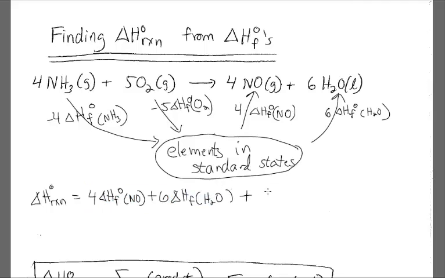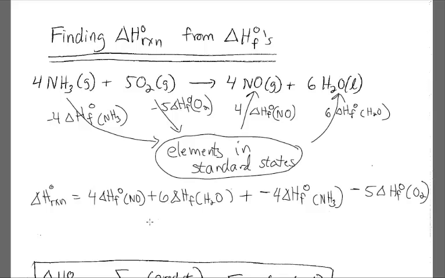And then we have to add in the negative parts. So negative 4 times the heat of formation of NH3, minus, or plus negative, whatever you want to say it, minus 5 times the heat of formation of oxygen.